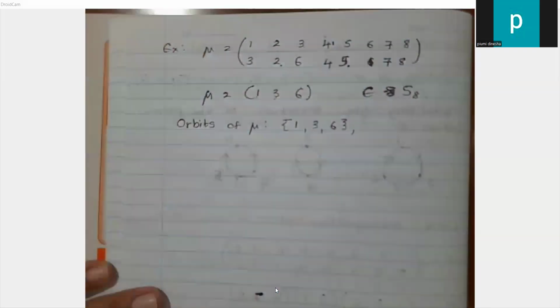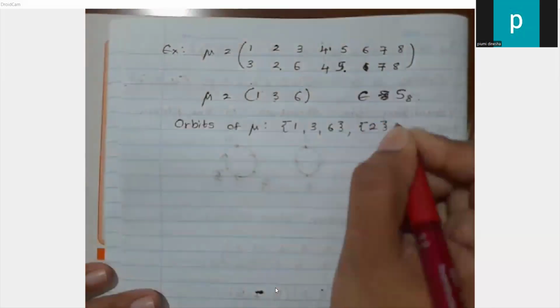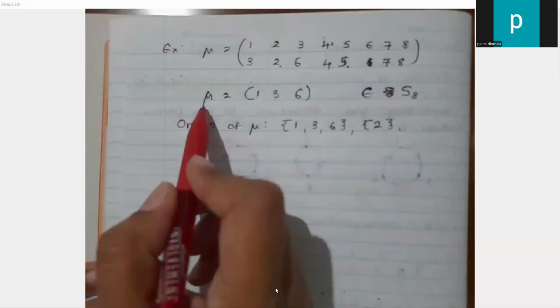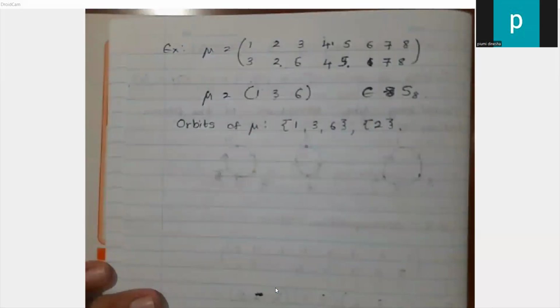Where does 2 go? Other singleton sets. Yeah, 2 goes to the singleton set containing 2. Why is that? If you calculate mu of 2, it is simply equal to itself. Then mu squared of 2, once again itself. So we have to find powers of mu of 2, and once you calculate them, you only get the element 2.